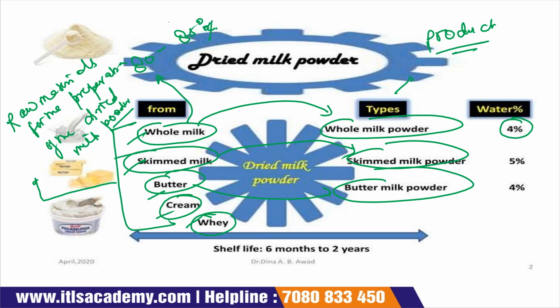The moisture content is reduced from 80 to 85% to 4%. That's why the shelf life increases and reaches around 6 months to 1 year, 2 years.